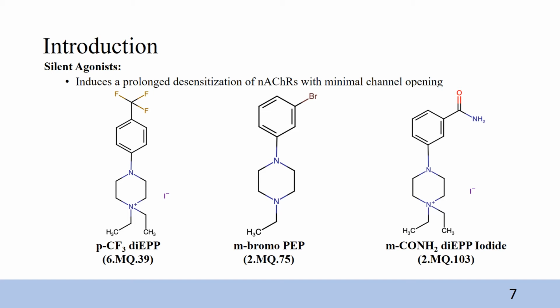Underneath each of these molecules are their scientific names, and in parentheses are the names that we use in our labs, and they'll therefore be referred to by this combination of letters and numbers throughout this presentation. These novel drugs induce a prolonged desensitization of nicotinic acetylcholine receptors with minimal channel opening, resulting in an overall anti-inflammatory effect.